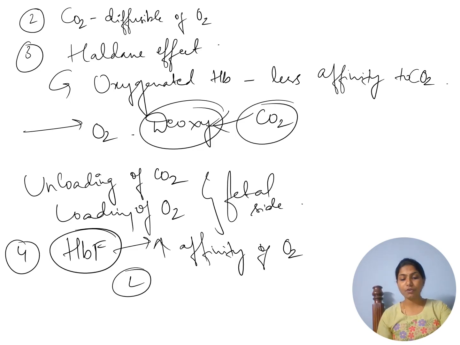So these are the four important reasons why maternal transfer of oxygen to the fetus occurs readily. So one is the Bohr effect, the second one is the Haldane's effect, the third one is the carbon dioxide is 20 times more diffusible, and that helps in the unloading of carbon dioxide, and the fourth one is the fetal hemoglobin has increased affinity to oxygen.